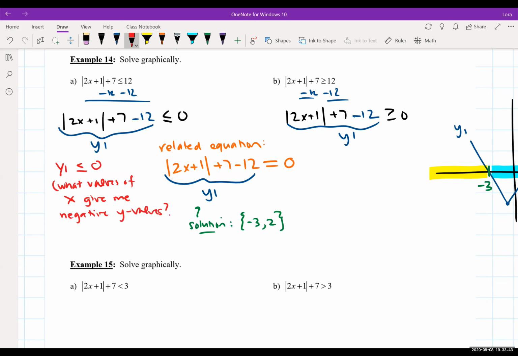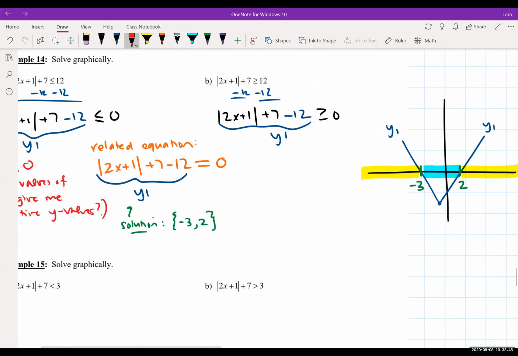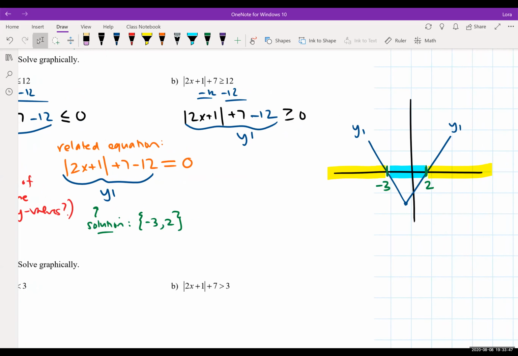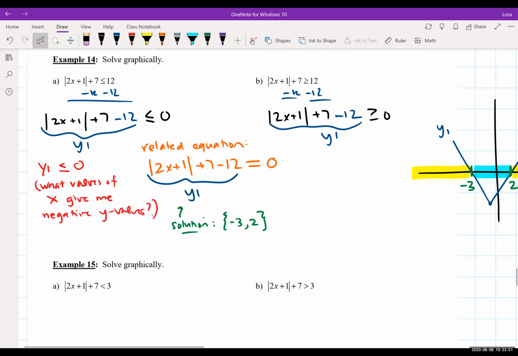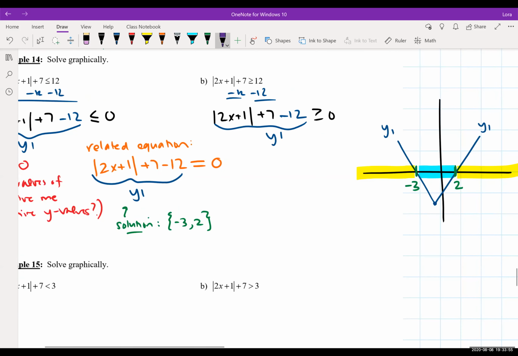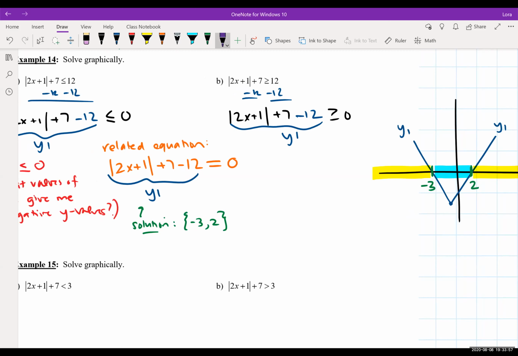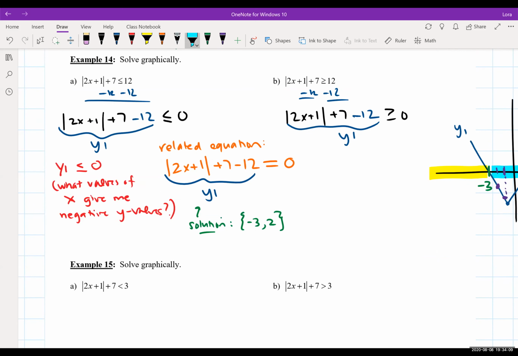So that's the question I'm asking. Do x values in the yellow region or teal region give me negative y values? Any x value in the teal region, if you map it down, is going to give you a negative y value. Doesn't matter where you pick it. So we would be choosing the teal region, the values of x.